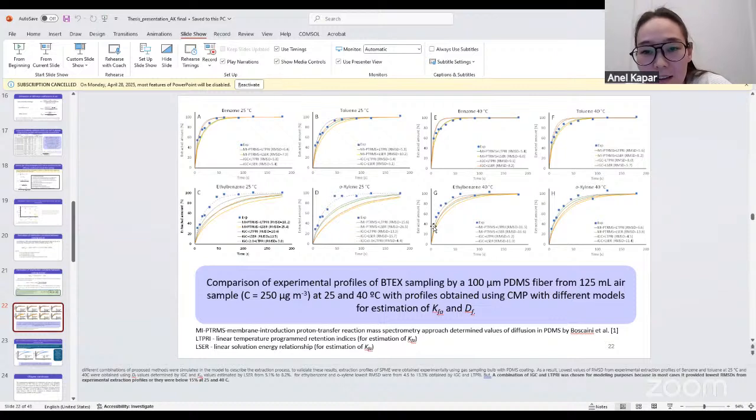And here we used very short extraction times, and if we have only a few replicates, that can disturb the extraction profile and the results, because for example in 5 seconds the error bars can be higher than the extraction.